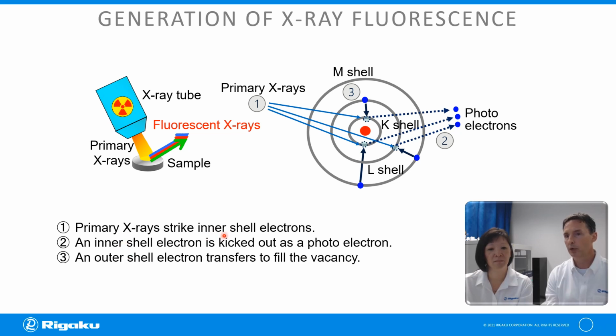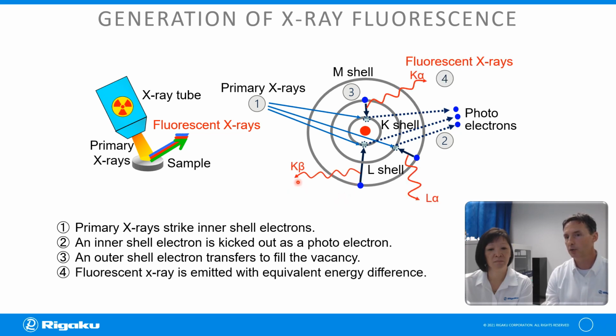Then there's an unstable state left behind when those inner shell electrons are kicked out. The outer shell electrons, which are of higher energy, will fill that to create a more stable state. When they fill and drop to a lower energy state, the difference in energy is lost as a fluorescent X-ray. This is what we're interested in characterizing and quantifying in our sample.